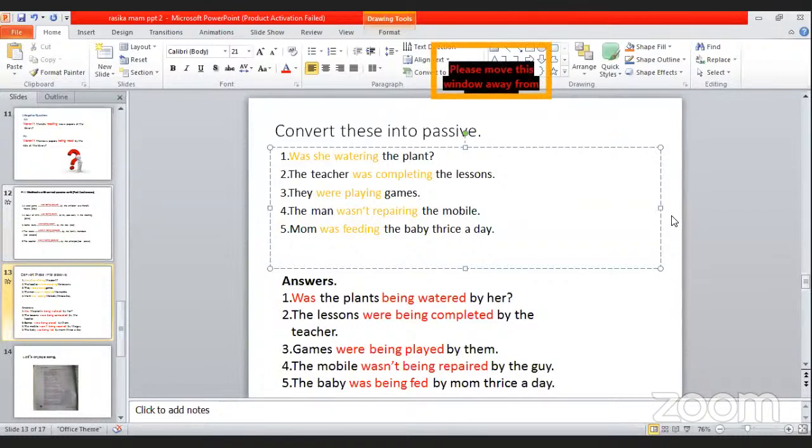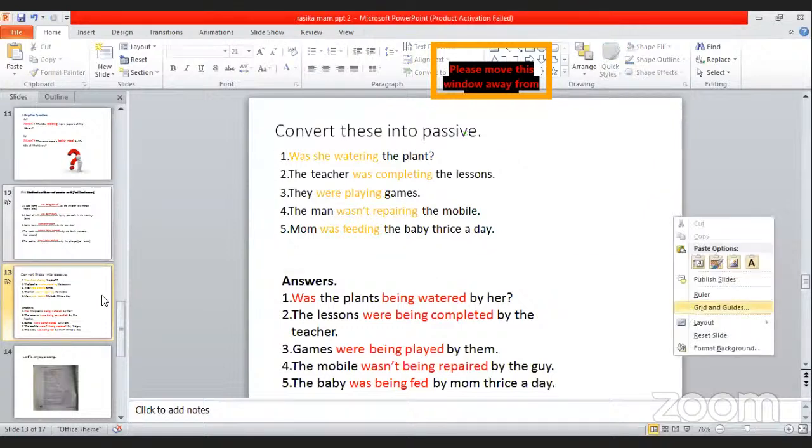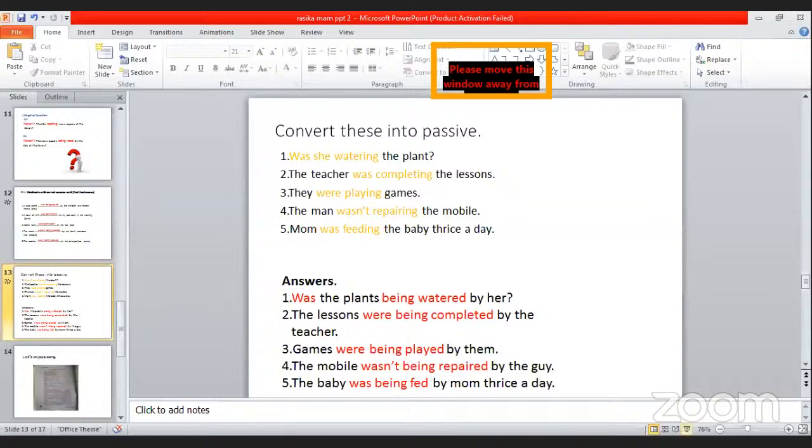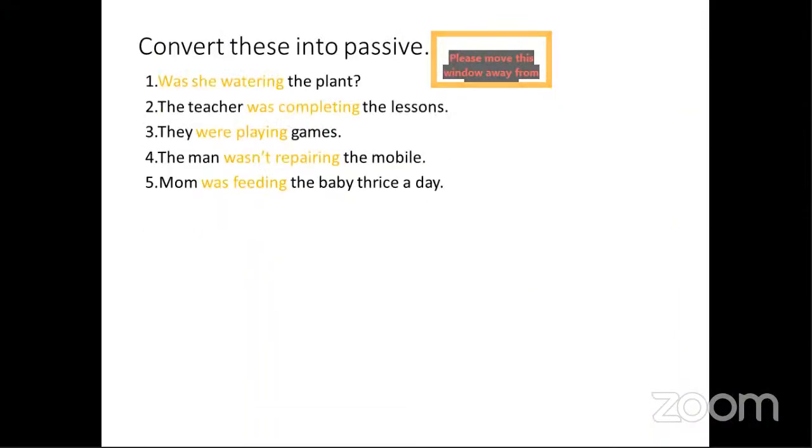Right. Now try with this. Try with these sentences. Quickly turn them into passive voice. I will give you some time to work on this. Right. Quickly try with this.